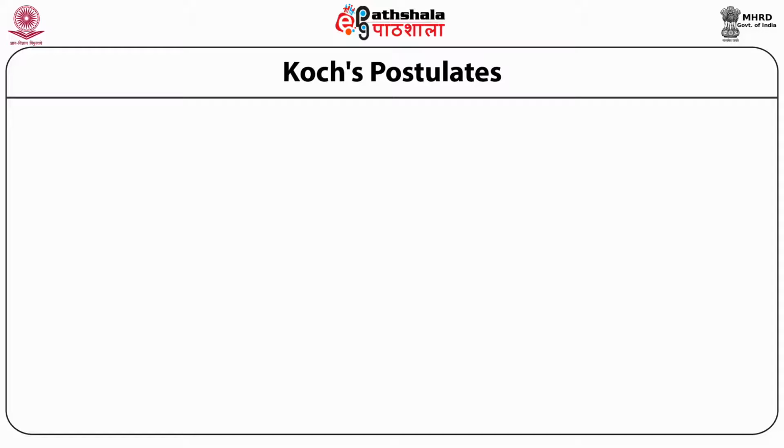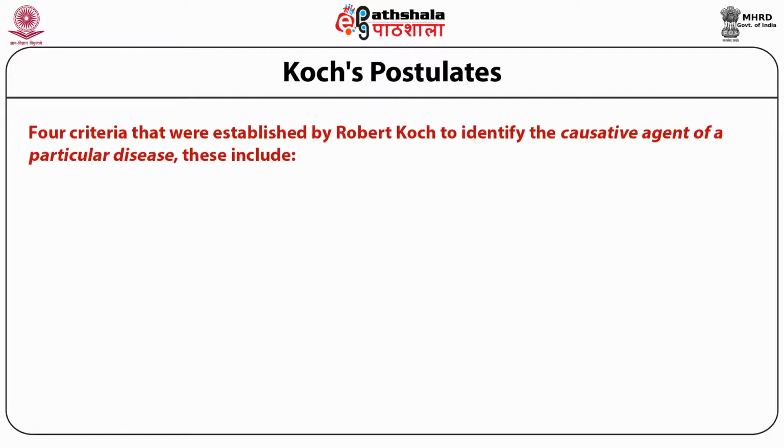About a century ago, Robert Koch identified disease as a different stage from the healthy state, and he gave some postulates which are still followed for identifying the causative agent of a particular disease.